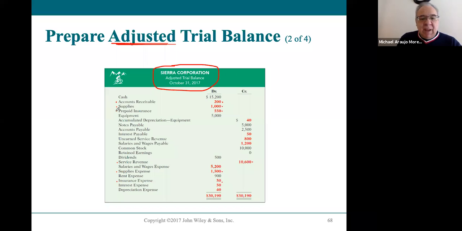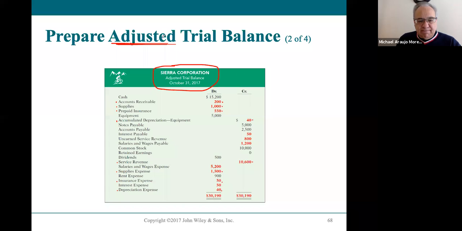The next account you see in red here is the accumulated depreciation account. Well, what happened here? This is also a prepaid expense. We had a depreciation expense for $40, and we also affected accumulated depreciation on the equipment for $40. So those 2 accounts were affected in the adjustment process, and those account balances have changed afterwards.